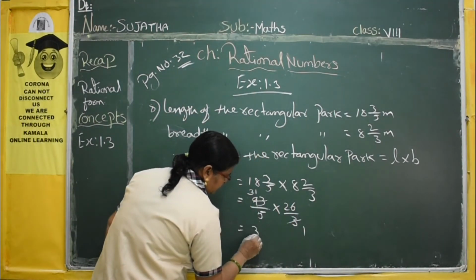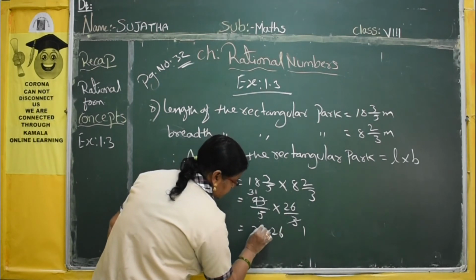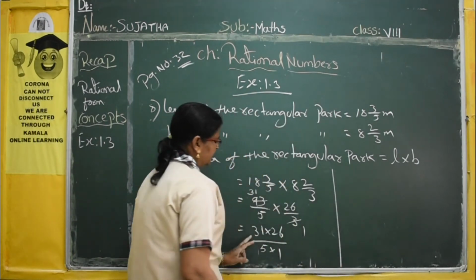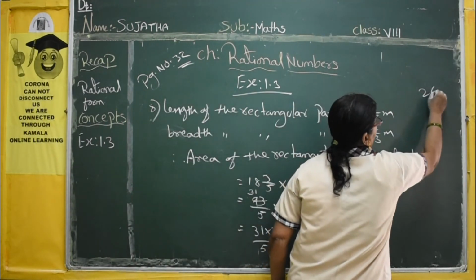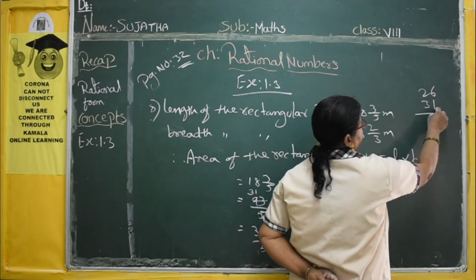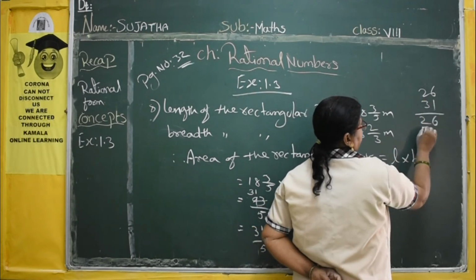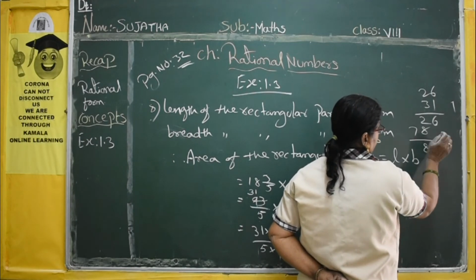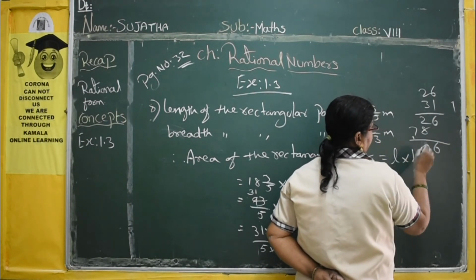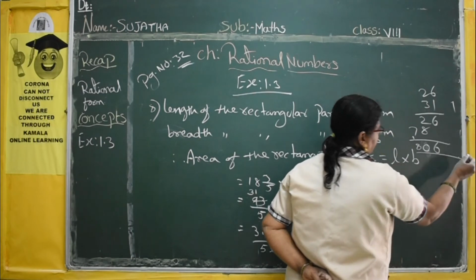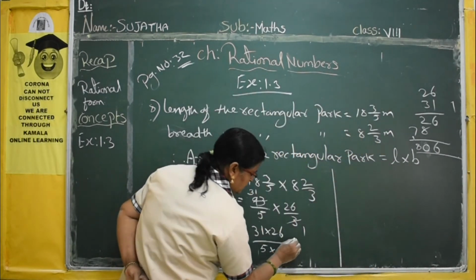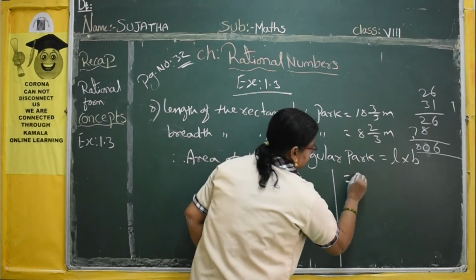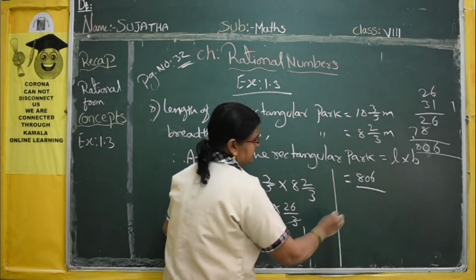Then what will you get? 31 into 26 by 5 into 1. That equals 31 into 26. In rough column we will do it. 1 six is 6, 1 two is 2, 3 sixes are 18, 3 twos are 6, 1 7. 6, 8 plus 2 is 10, 1 carry 8. So 806 by 5 ones are 5.